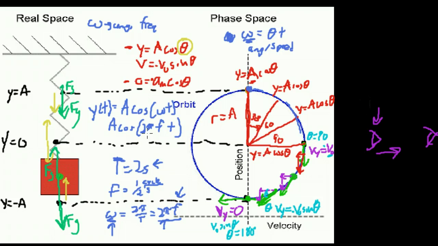To give you an idea of what this looks like, if t were equal to 1 over f, so if we waited until it had completed one complete circle and our period was completed, then this whole term would cancel out. This would just be 1, and we'd be left with the cosine of 2 pi, which suggests that we were right back where we started, which is exactly what we want.